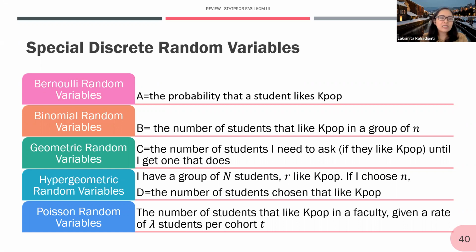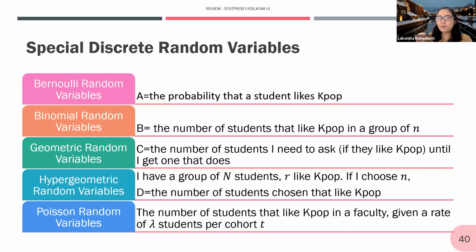So just now I asked Jerome, Saddam, Bagus, and Hanifah. So B now is the number of students that like K-pop in a group of 4. Hey, I want to ask one more person. Jerome said that I have to ask Abraham. Abraham, do you like K-pop? Yes, miss. Yay! Okay, so I had a binomial random variable because I repeated my Bernoulli trial 5 times.